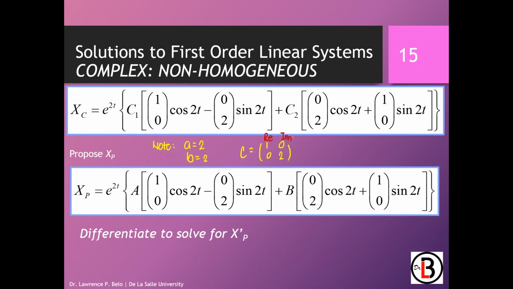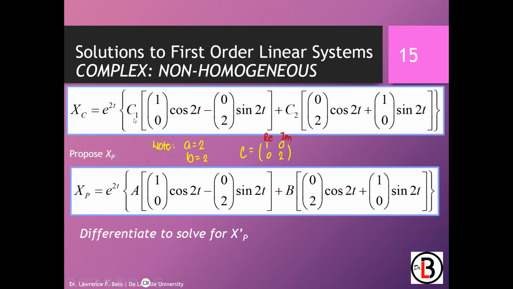This is for the imaginary. So e to the at, ayun na, the 2t, is C1 real part, 1, 0, cosine of BT, which happens to be 2t, minus imaginary sine BT, plus capital C2 imaginary cosine BT plus real sine BT.